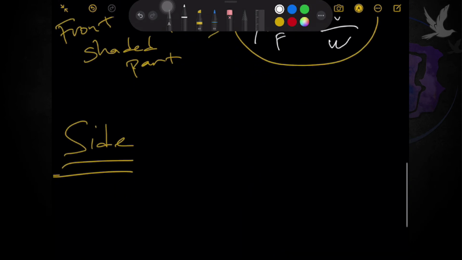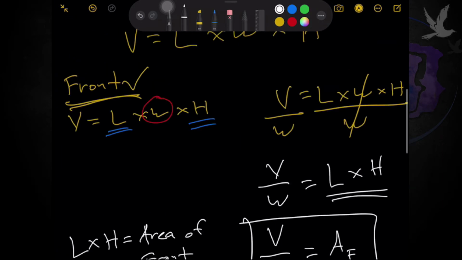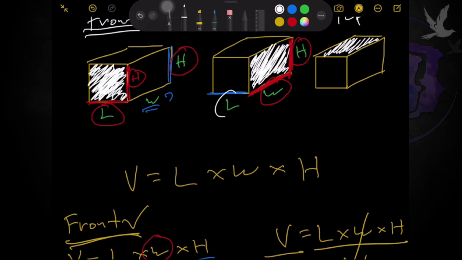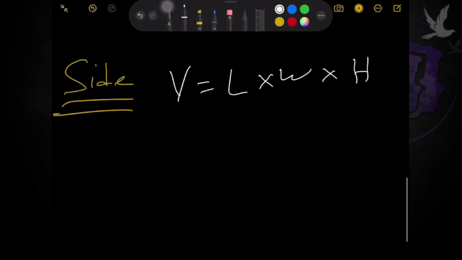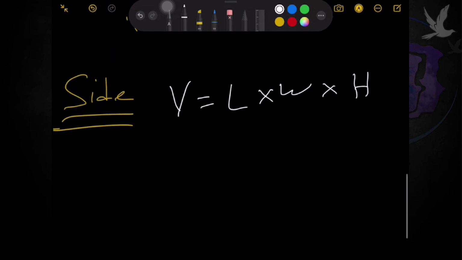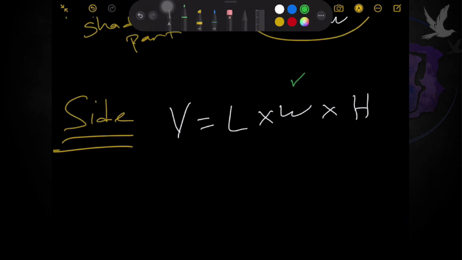Okay. Then again, you have our volume equals length times width times height. Again, tinatanggal natin ang length because we are not going to make use of length here, like the width sa front din. Okay. So dito, what you want to keep is width and height, and what you want to remove is your length.